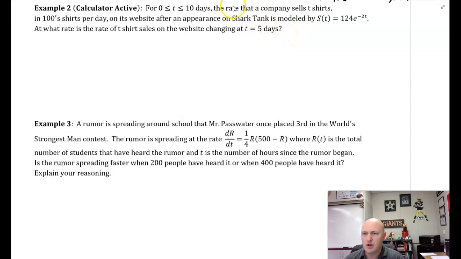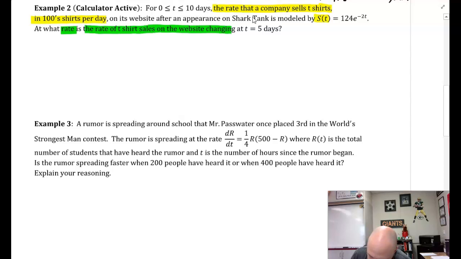Okay, well, if this is the rate that a company sells t-shirts in hundreds of shirts per day is modeled by S of t. Okay, we want at what rate is the rate of the t-shirt sale on the website changing at t equals 5 days. Okay, well, then I want S prime evaluated at 5.